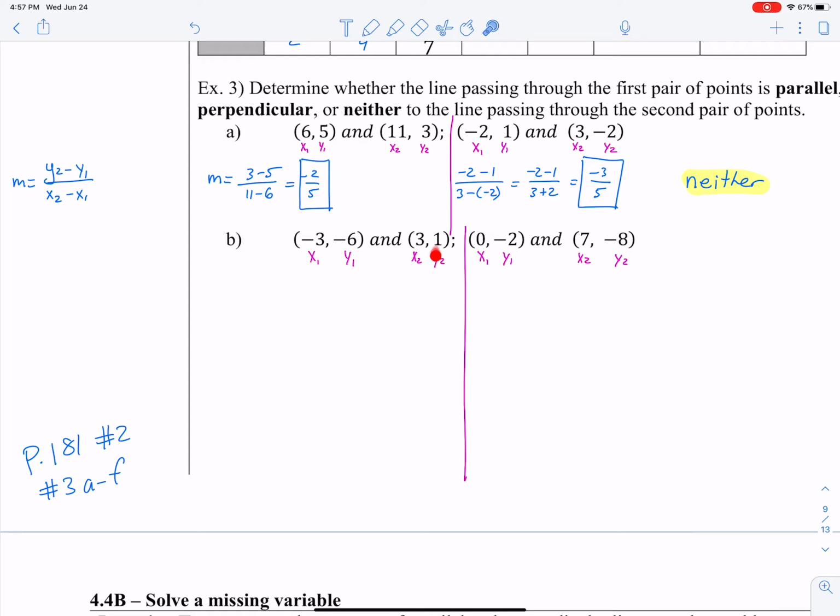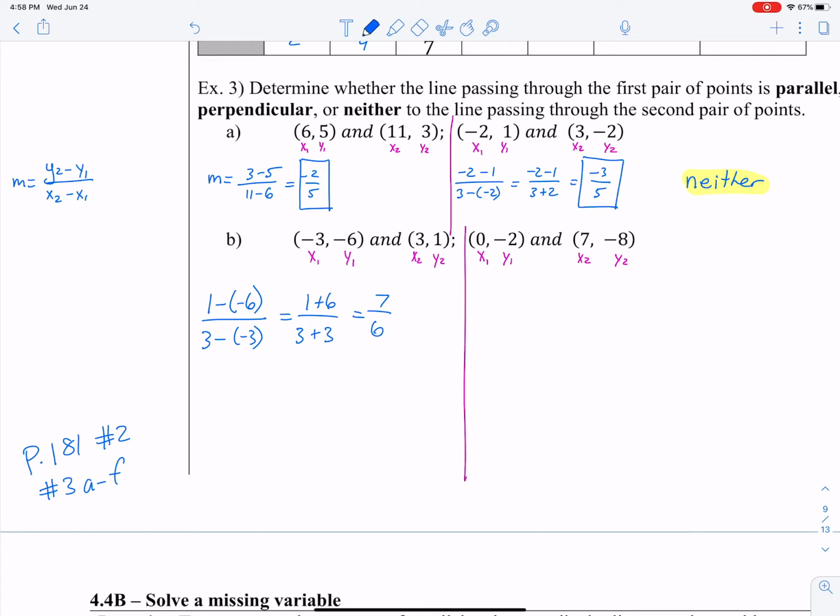So now I have y2 minus y1 over x2 minus x1. So I get 1 minus negative 6 over 3 minus negative 3, which gives me 1 plus 6 over 3 plus 3, which gives me 7 over 6. Okay, so that's on this side.